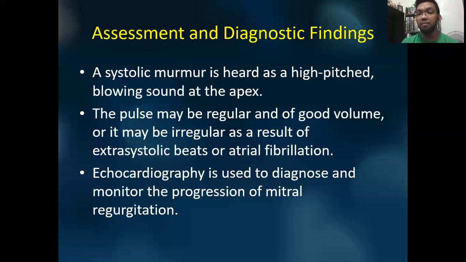You can notice certain extrasystolic beats when you palpate the pulse or you auscultate the apical pulse of the patient. During an echocardiography, the doctor will be able to see that there is mitral regurgitation. It will be evident through ultrasonography.